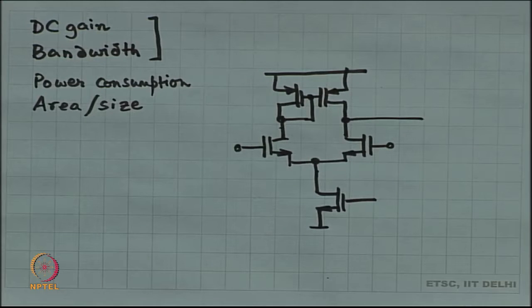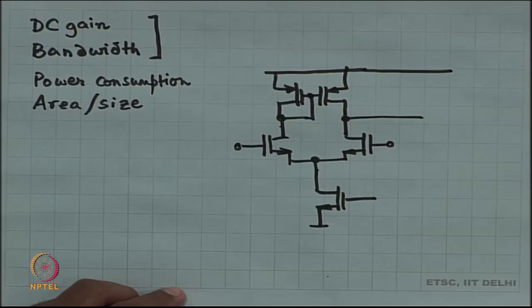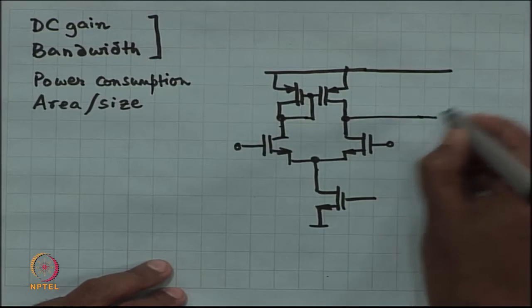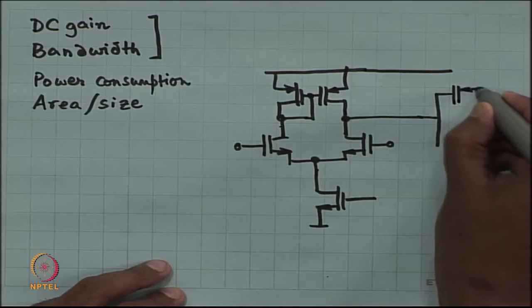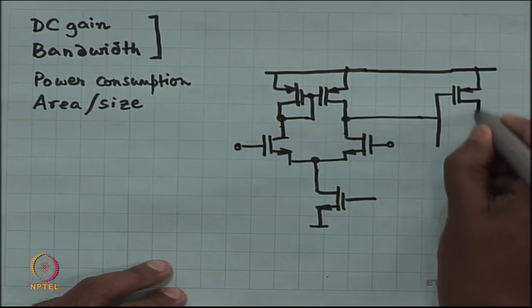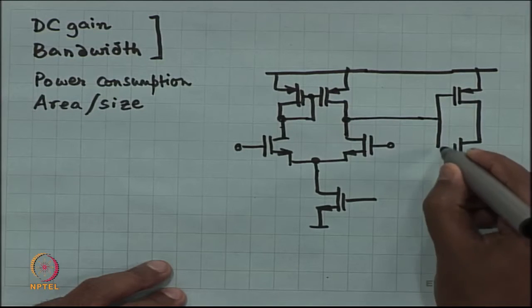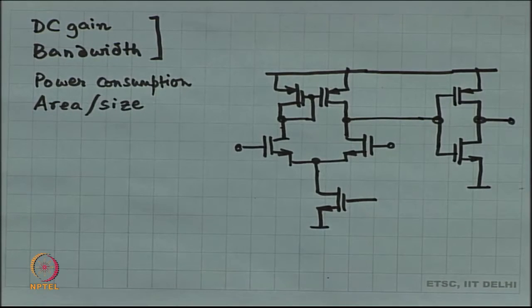So, in such a scenario you could have either just one common source amplifier, or you could even have a common source amplifier with a common source amplifier as a load. So, one popular structure is something like this.